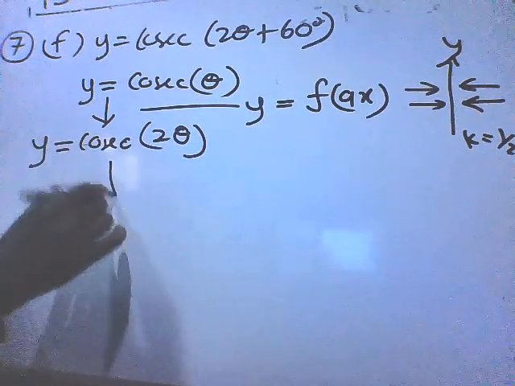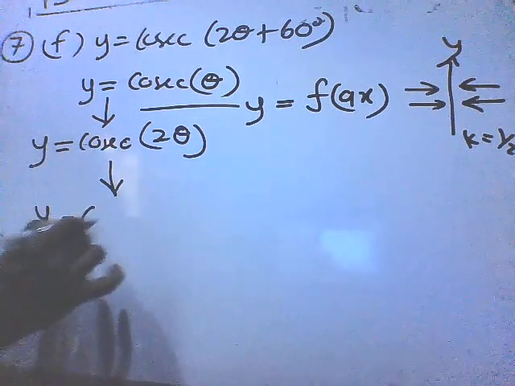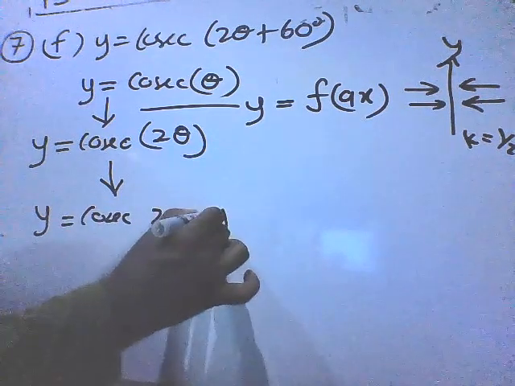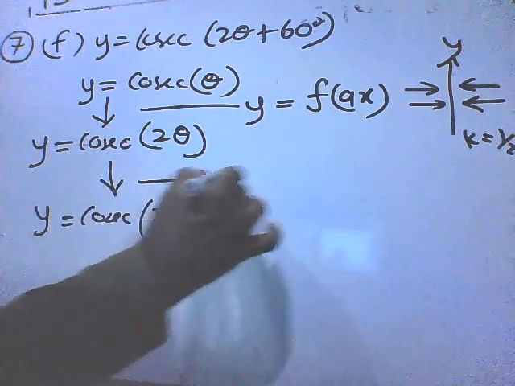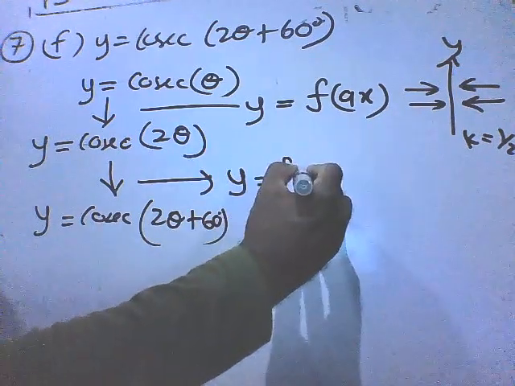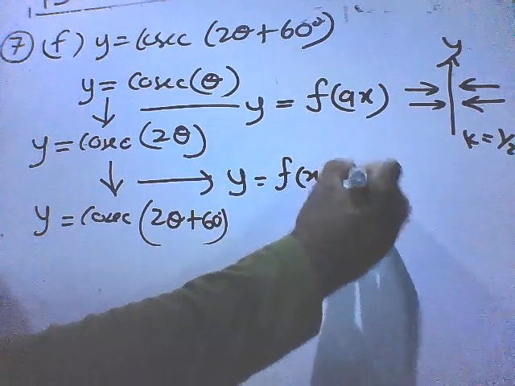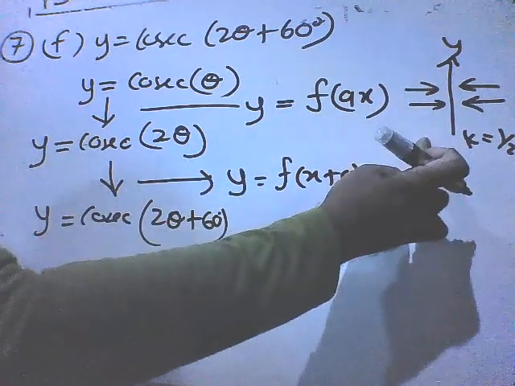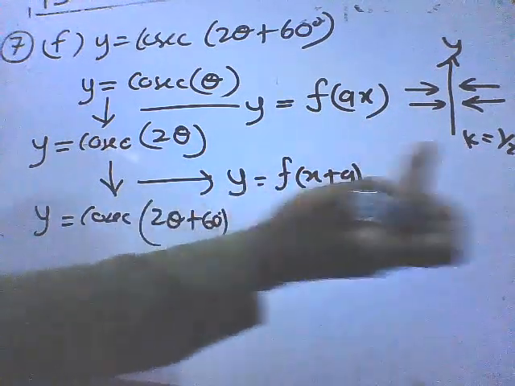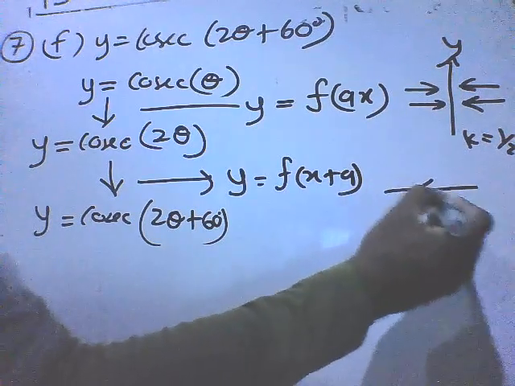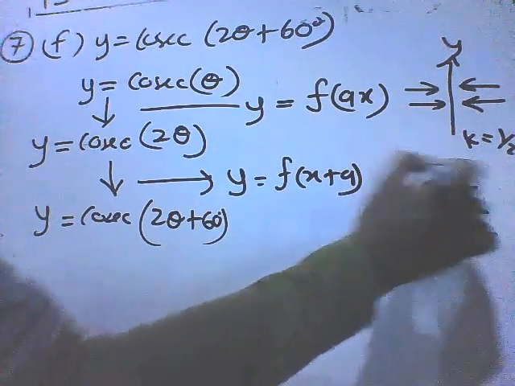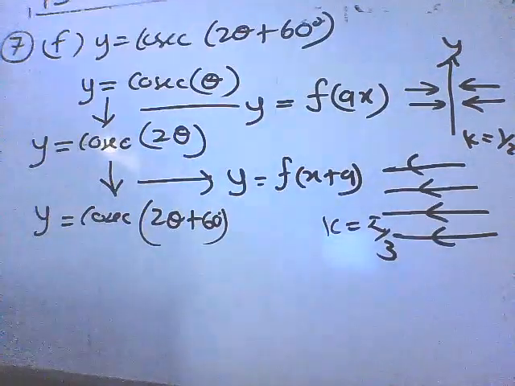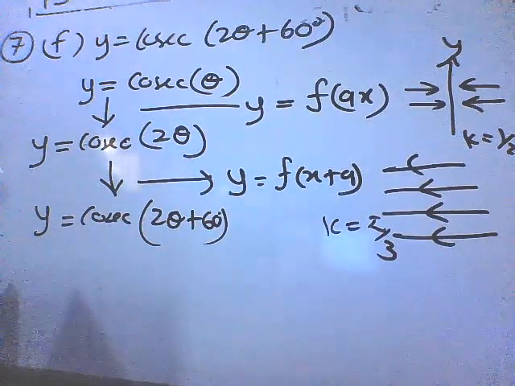To make it y equals cosec (2 theta plus 60), we should consider y equals f(x plus a). After drawing, this should be shifted left. Plus 60 means shifted left, so the whole graph will shift 60 degrees. K is equal to pi over 3. So that is how you handle part F.